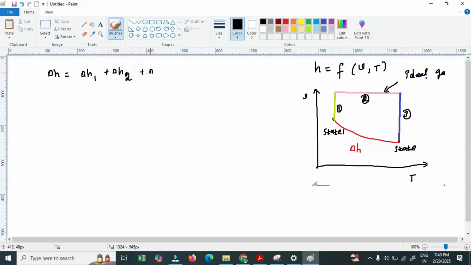Okay, so since enthalpy is a dependent property which depends on volume and temperature, I can write it in terms of differential form.